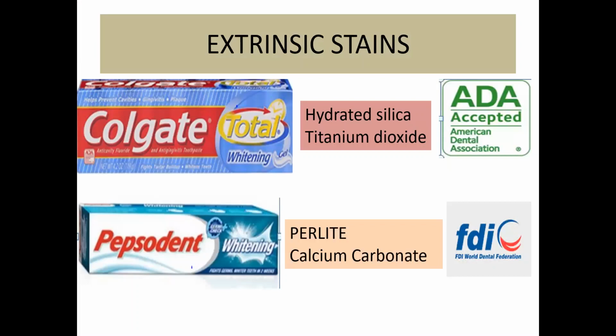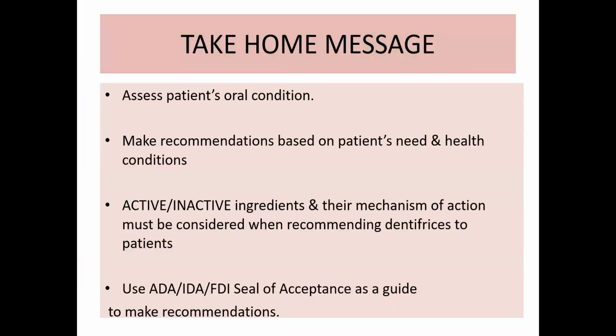The abrasives present in Colgate Total are hydrated silica and titanium dioxide, whereas in Pepsodent they are perlite and calcium carbonate. So the take-home message is that you have to assess the patient's oral condition before recommending a dentifrice to him or her. You should have a thorough knowledge of the active and inactive ingredients present in a toothpaste, and always go for the ADA, IDA, or FDA seal of acceptance before making any recommendations.